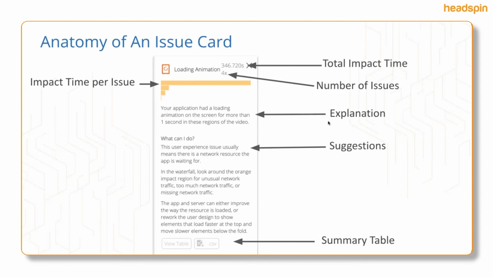For each issue card, we have an explanation as well as suggestions on what you can do to dig into this issue and also to resolve it. And then finally, we have that summary table down at the bottom. The view table button just opens the summary table, and then this .csv button downloads the table directly.